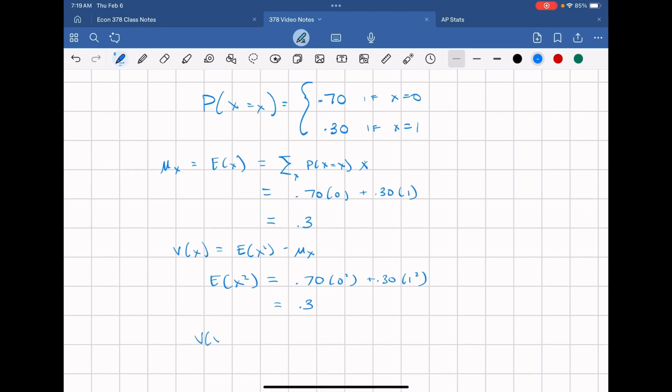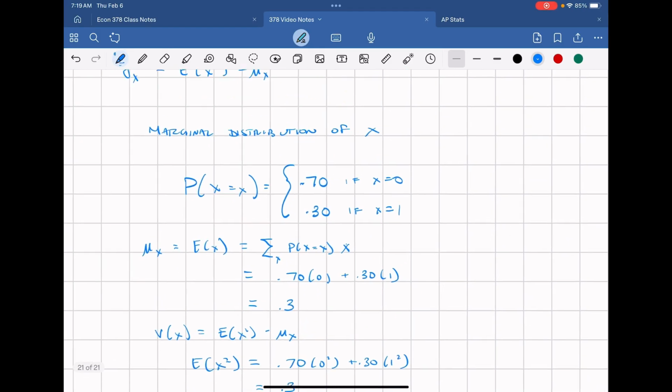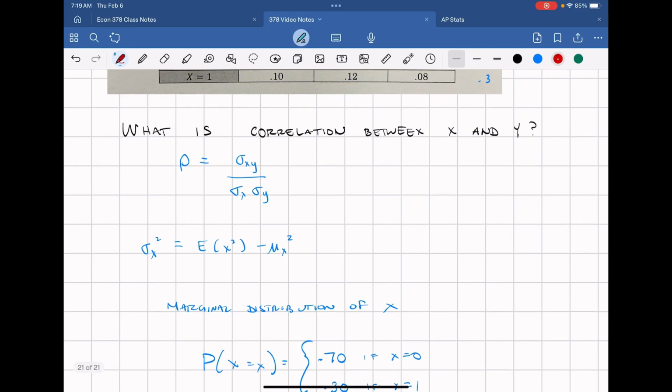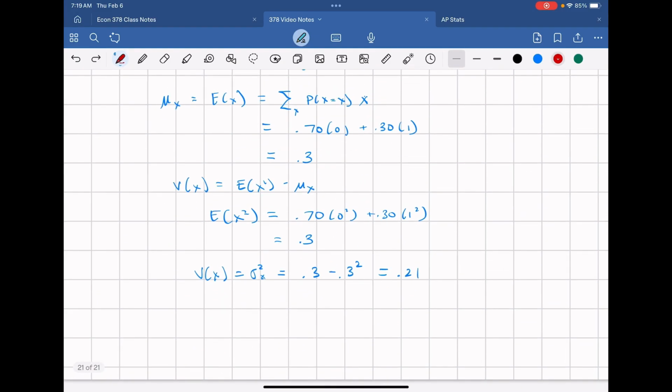Therefore, the variance of x, sigma squared x, will be 0.3 minus 0.3 squared, and this is equal to 0.21. But we don't want the variance of x. In our equation, we want just the standard deviation of x. So one more calculation to do: the standard deviation of x is equal to the square root of 0.21, which is equal to 0.458.